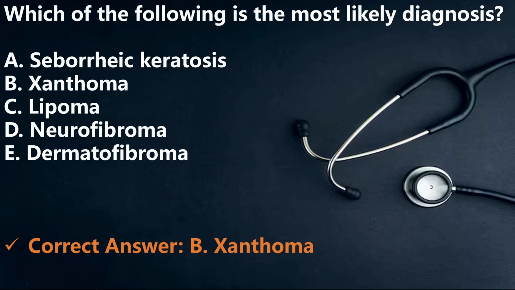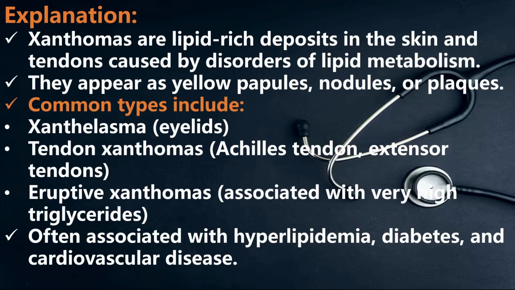A. Seborrheic keratosis, B. Xanthoma, C. Lipoma, D. Neurofibroma, and E. Dermatofibroma. As we know, the correct answer is B, xanthoma. An explanation: xanthomas are lipid-rich deposits in the skin and tendons caused by disorders of lipid metabolism.